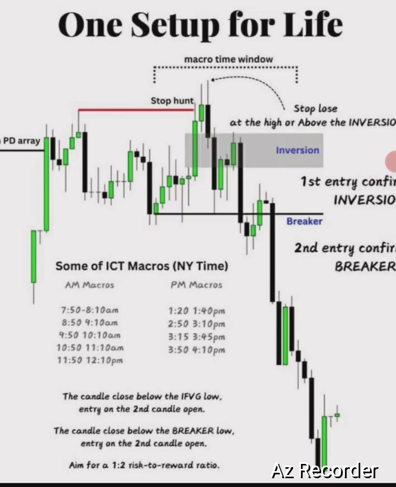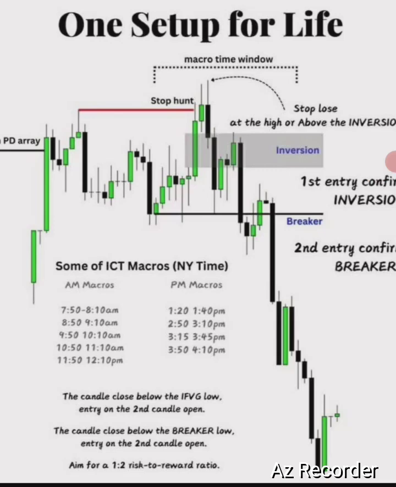So ICT's macros and New York time is the specific trading time in the New York session. I mean like the AM macros, 7:50 or 8:10 AM.